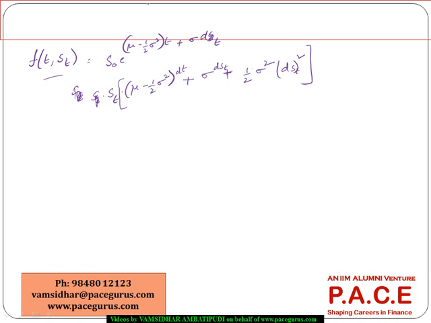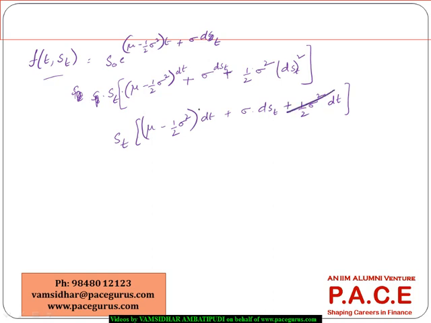Now I can very well look at dZ_t squared, which is coming out to dt for me. So it is working out as S_t times (mu minus half sigma squared) dt plus sigma times dZ_t plus half sigma squared dt.